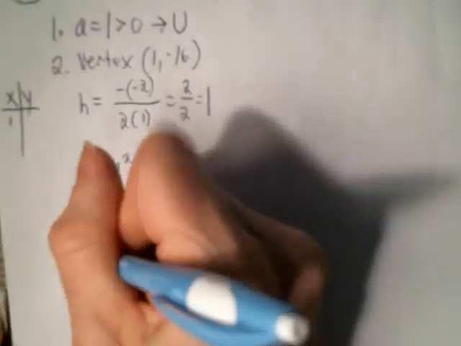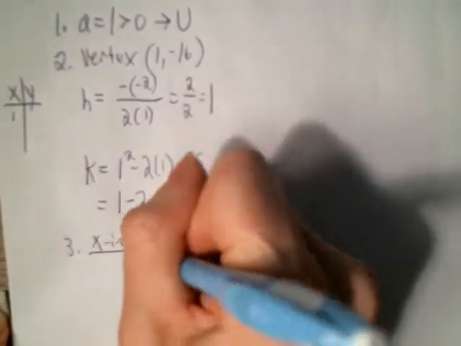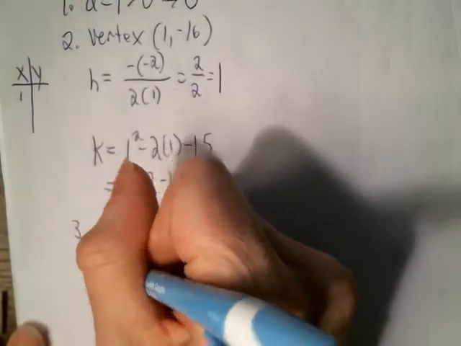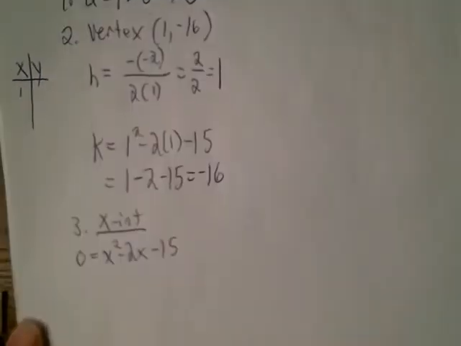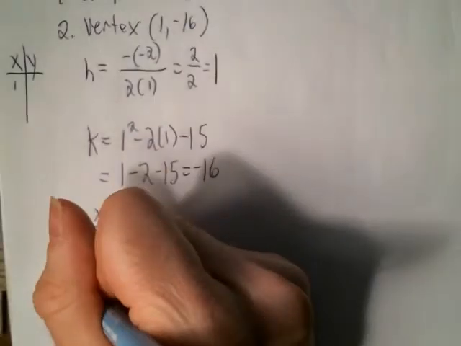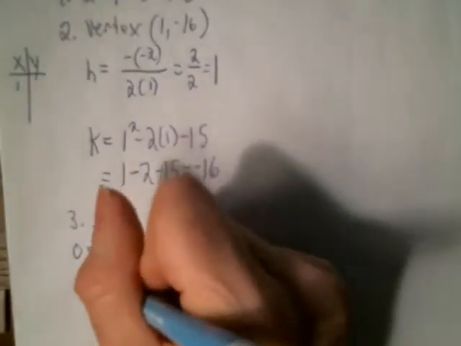Okay. Step 3 then, the x and y intercepts. For the x-intercept, you let y equal 0. Okay. So I have 0 is x squared minus 2x minus 15. And here, you hope you can factor it, of course, but sometimes you have to use the quadratic formula, which is sad, but it's just the way things are. So you try to factor it.